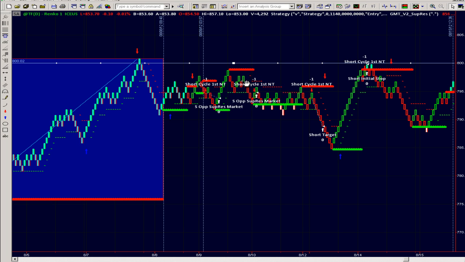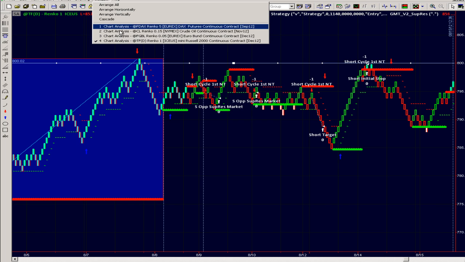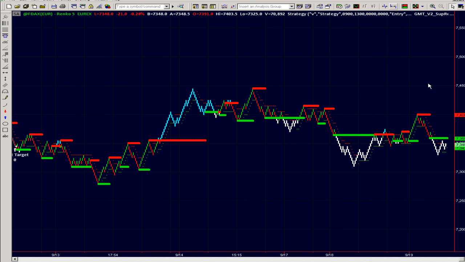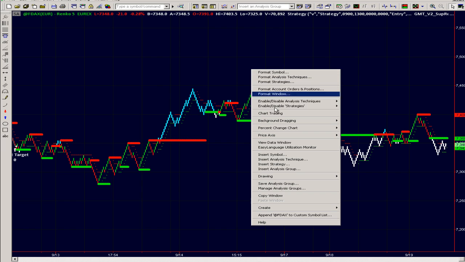A lot of the time on the DAX, and I'll go to the DAX market, I had it on an 89 tick chart. Obviously we've got it on a Renko here, so it's not exactly the same, but it'll give you a visual cue of what I was seeing when I was doing the testing.